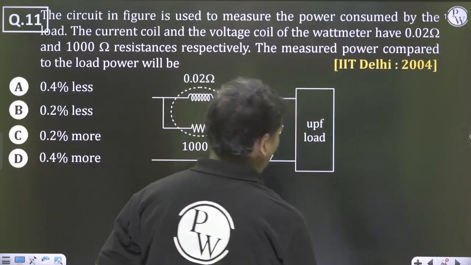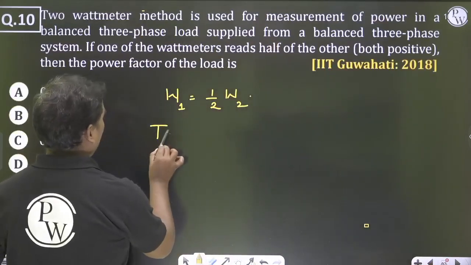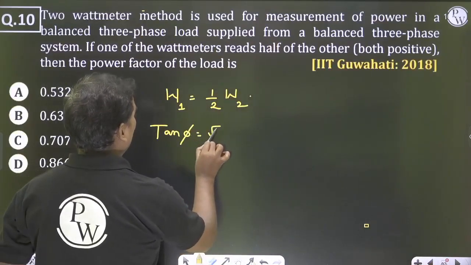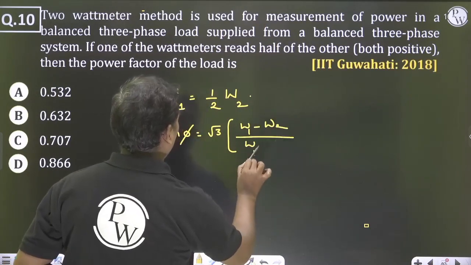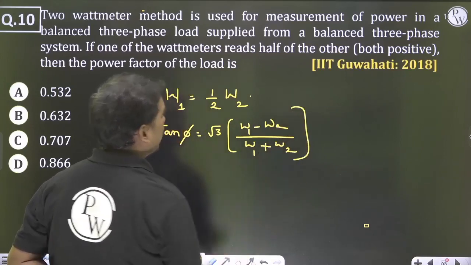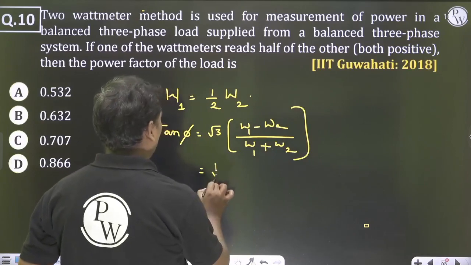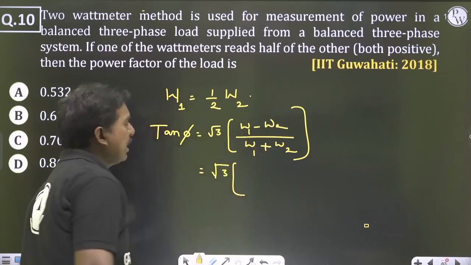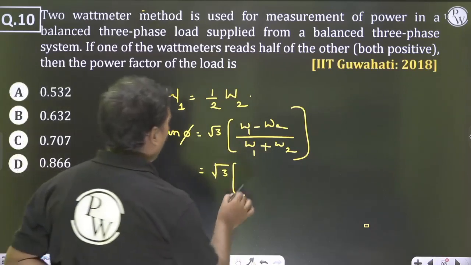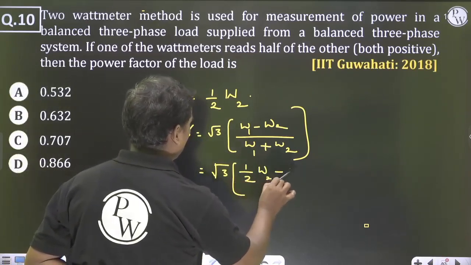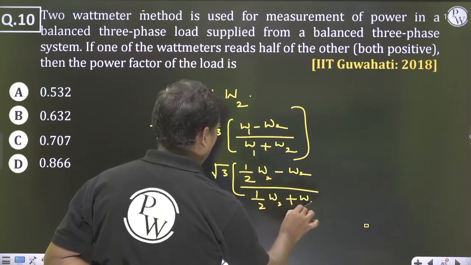Or we can also do with other method, the tan phi method. Tan phi is equal to root 3 times W1 minus W2 by W1 plus W2. My dear students, he has given like this. In this situation, what we can do? If you take, we are getting negative, right? I think tan of negative we are getting. So anything, okay, you take half of the W2 minus 1 W2, half of the W2 plus W2.